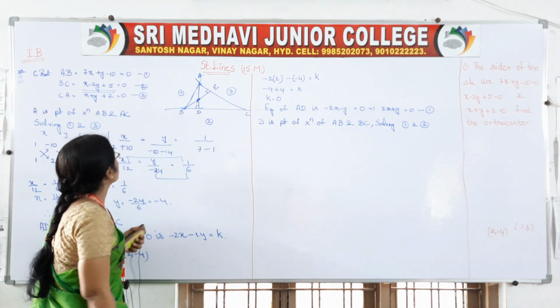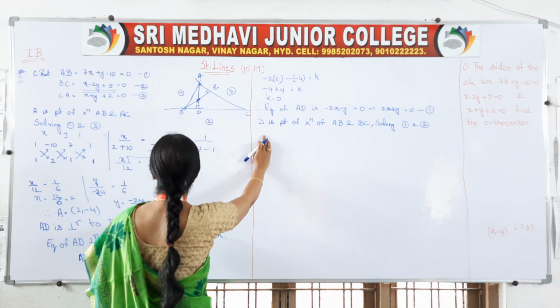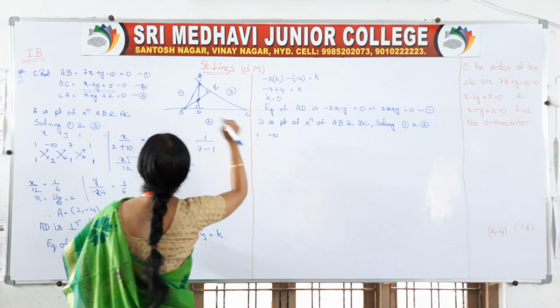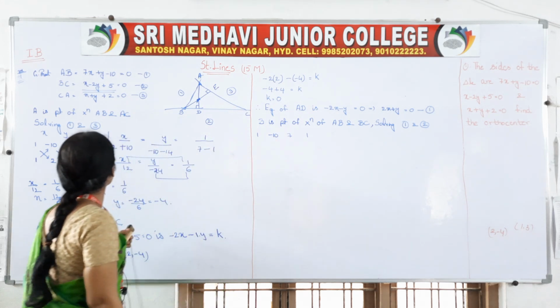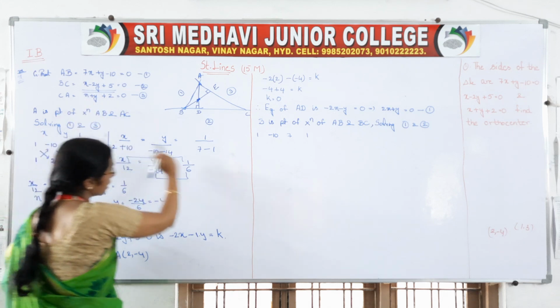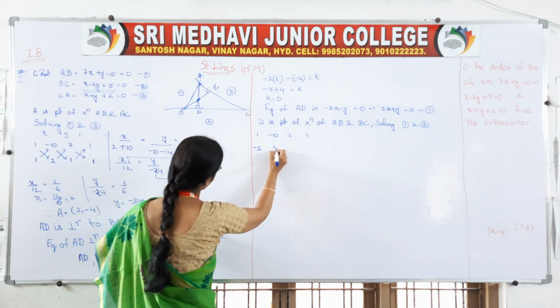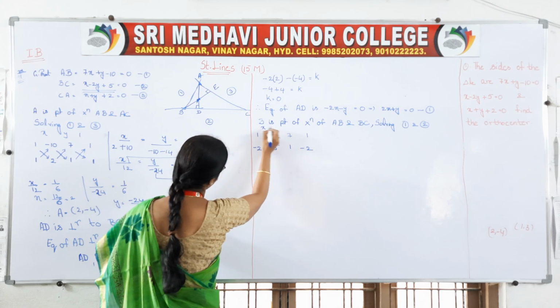So come on, first equation we have to solve. How we will solve? By cross multiplication method. Y coefficient, constant, x coefficient and y coefficient. Next, second one, y coefficient we have to take, and constant, x coefficient and y coefficient, right?